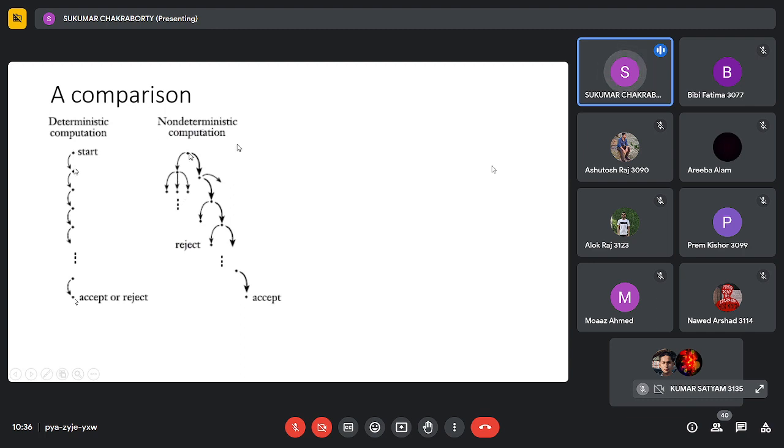Say from the start, on seeing a symbol, it forks to two possible states. Then on the next input, this state can fork into three states. This state can fork into two states, and probably this one ends here. This branch goes on, and like this one branch leads to the accept.